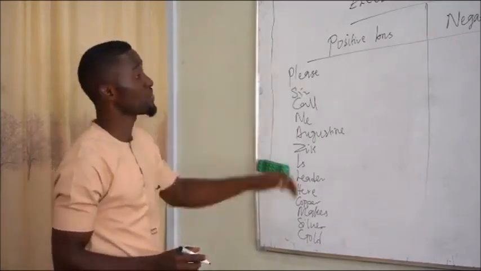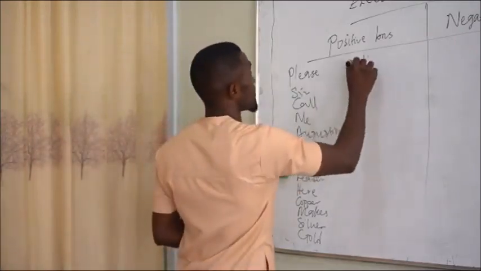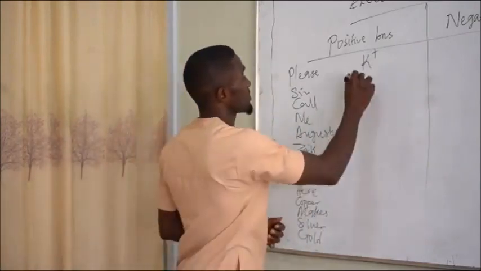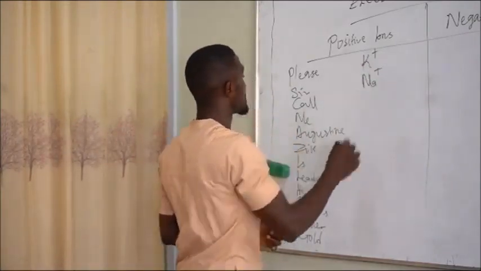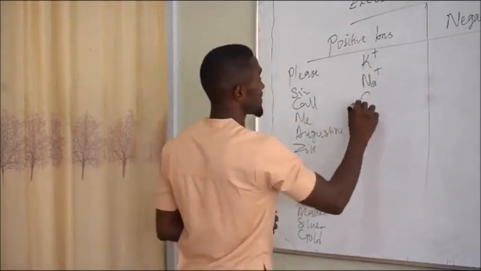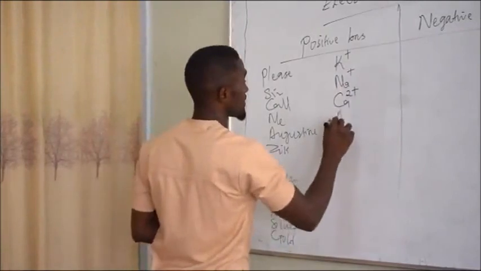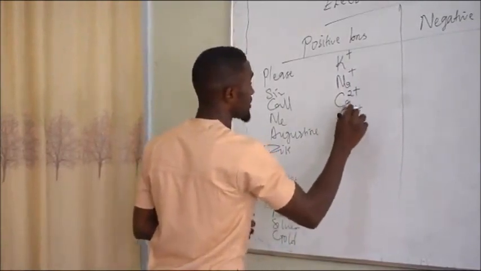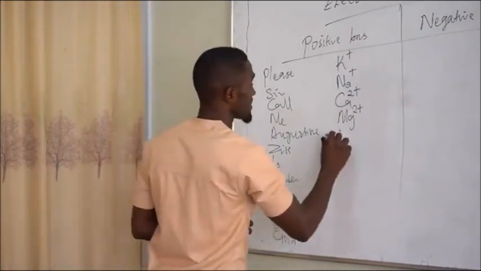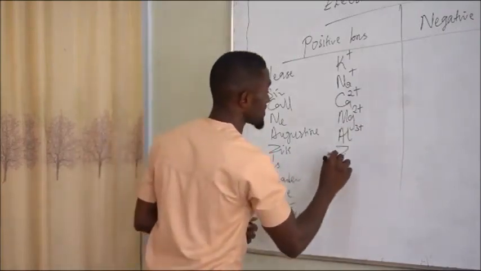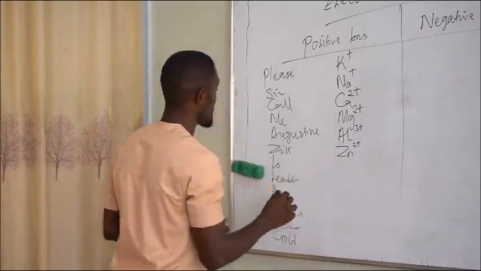The first one, please, represents potassium ion. Sir represents sodium ion. Call represents calcium ion. Me represents magnesium ion. Augustine represents aluminum ion. Z represents zinc ion.